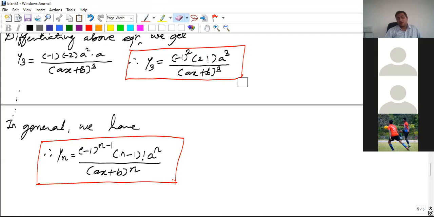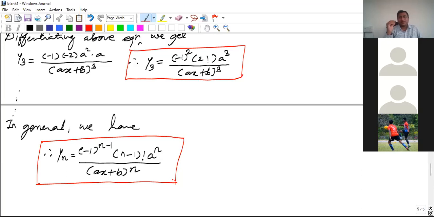Now here we have seen how to find the nth derivative of the product of an exponential function and a trigonometric function, of an algebraic function, of a logarithmic function, and of a reciprocal function.